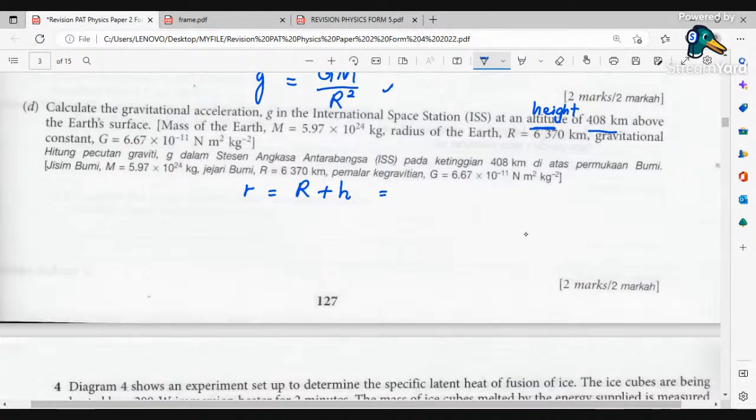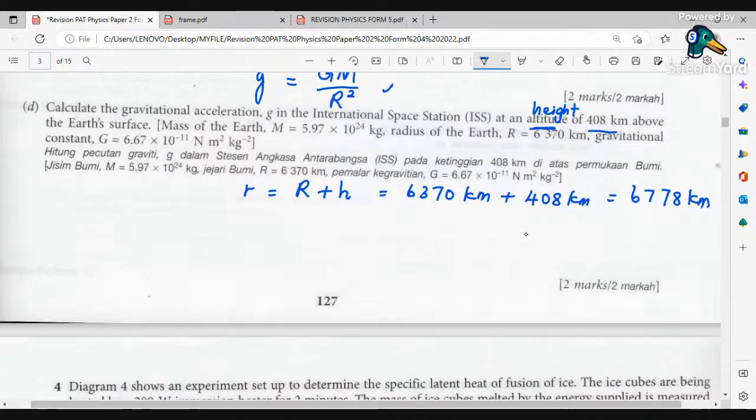Kalau Earth surface, R saja lah. Tapi ini ada height ya, so you kena add. Radius of the Earth 6370 kilometer plus 408 kilometer, so it becomes 6778 kilometer.